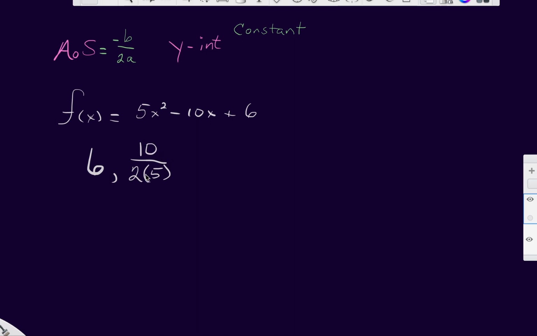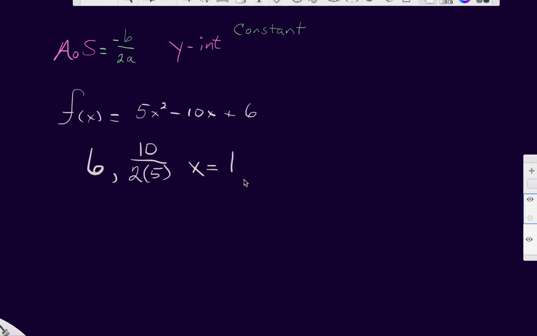And so 10 over 10 is equal to 1. Right? So 6 is our y-intercept, and we would say that our axis of symmetry is x equals 1.